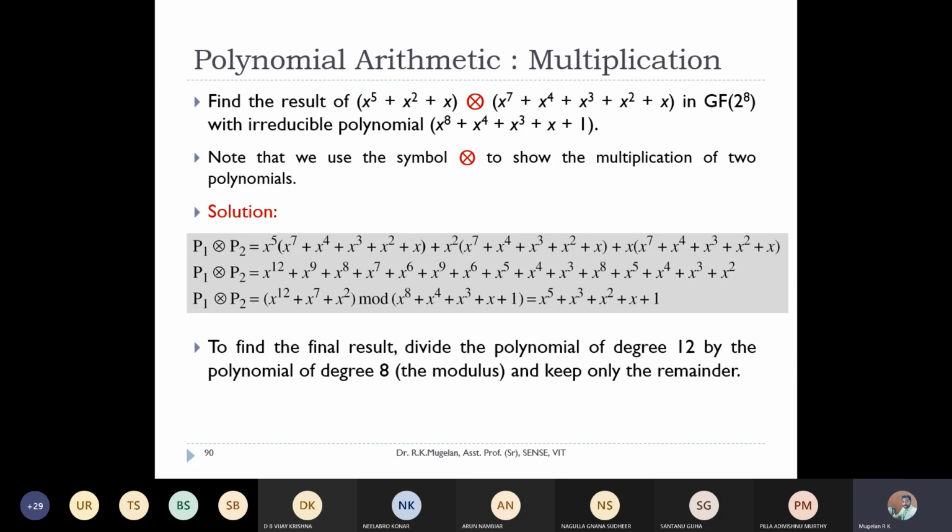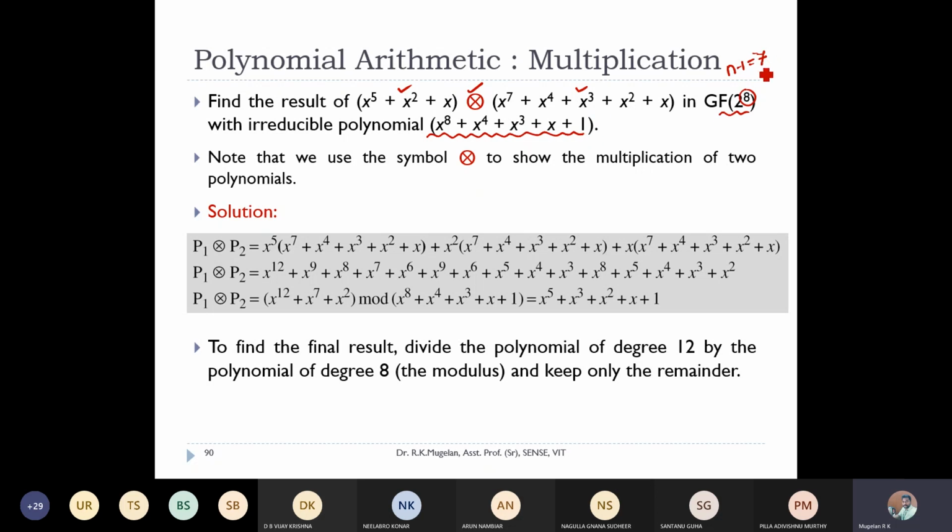So we'll take an example here: find the result of these two polynomials under multiplication. Here the field is GF(2 power 8). If n is equal to 8, your highest degree is n minus 1, which is 7. Here they have given you the irreducible polynomial you should use whenever you exceed your highest degree.